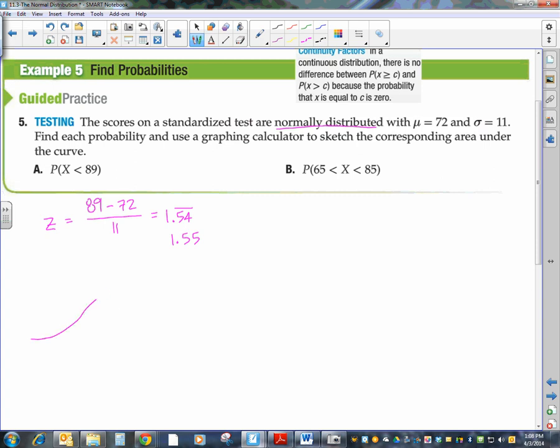So my bad sketch of the normal curve: this is 0, and then we go 1, 2, -1, -2 standard deviations. If this is 1 and this is 2, then that value of 1.55 is going to be somewhere here. That's what's going to correspond to the 1.55.